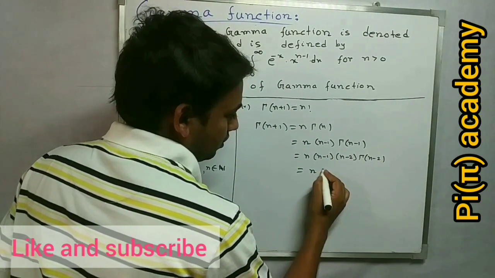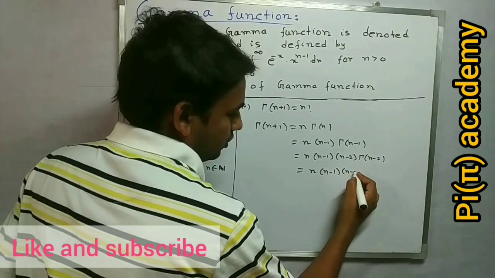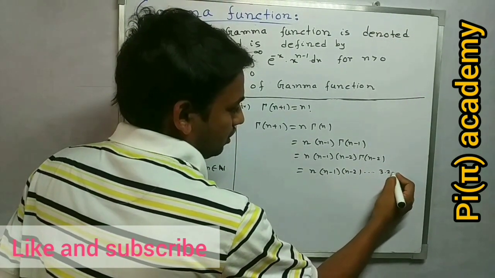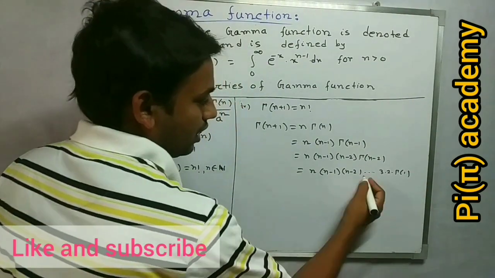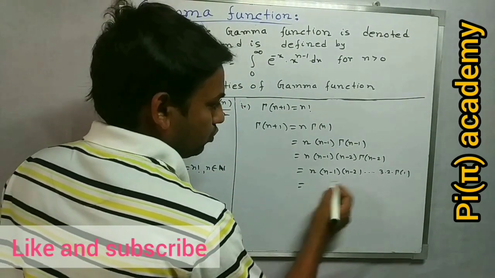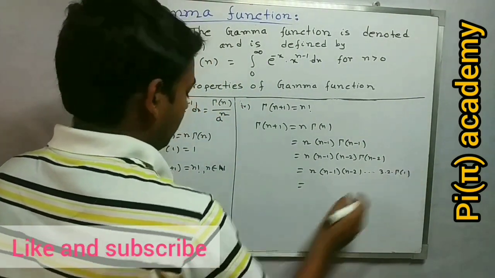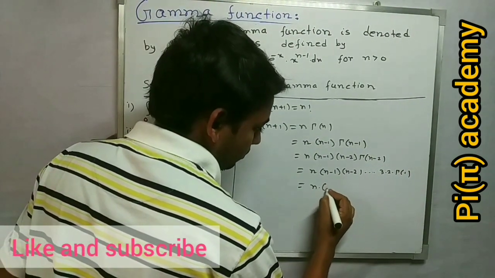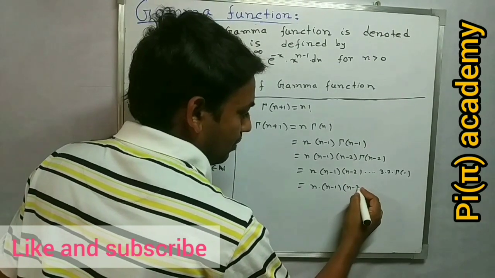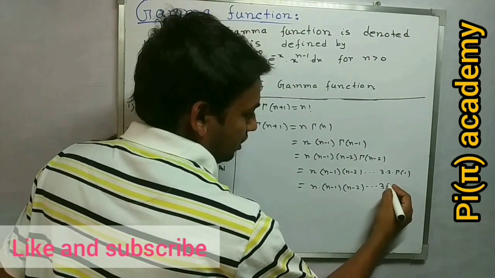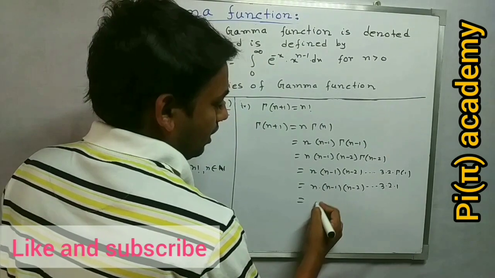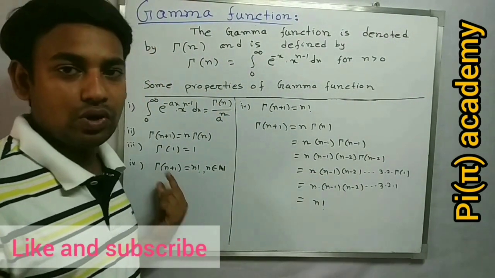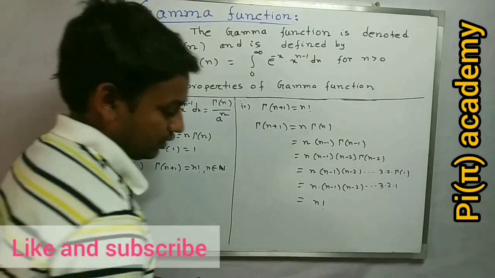Therefore, n into n minus 1, n minus 2, dot dot dot, 3, 2, and gamma 1, and so on. And we also know that gamma 1 equals 1. Therefore, we can write n into n minus 1, n minus 2, dot dot dot, 3, 2, 1, and this is n factorial. Therefore, gamma n plus 1 equals n factorial.